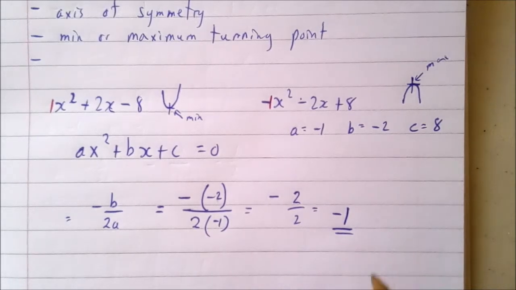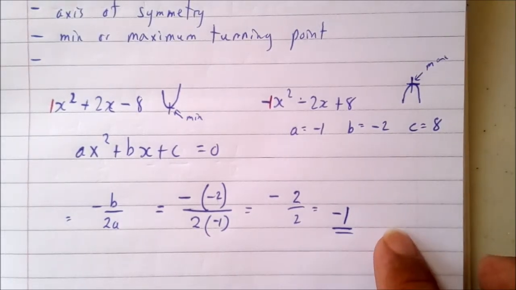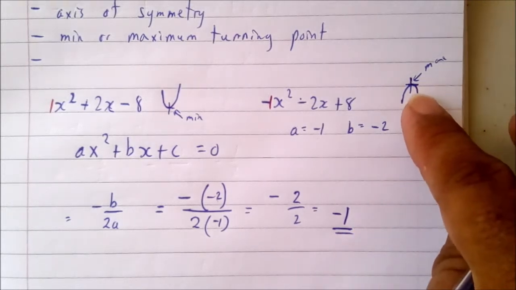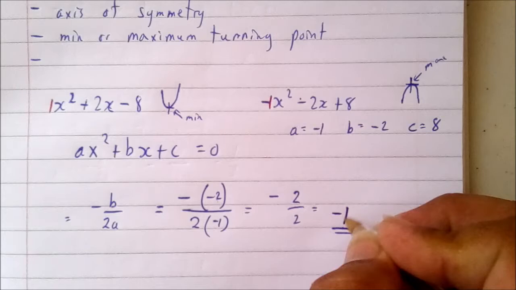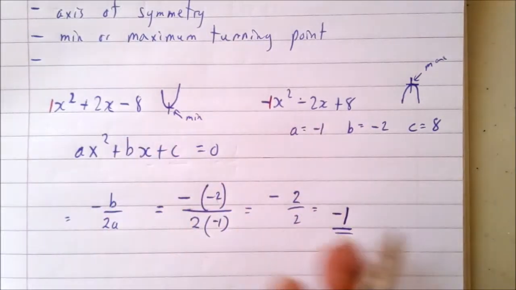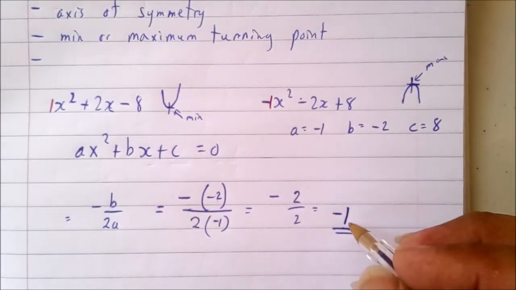All right. Now because you get a negative 1 now, we will see that this is a maximum turning point. If you get a positive value, then that will be a minimum turning point. So let's work with this particular equation. So we get a negative 1.